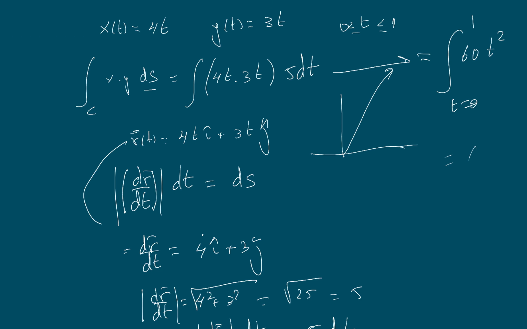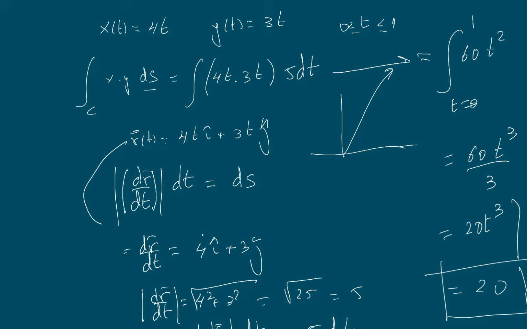So it will be 60 t cubed over 3, which is 20 t cubed, evaluated between 0 and 1, which is 20. So the final result is 20. Let's go to the next problem.